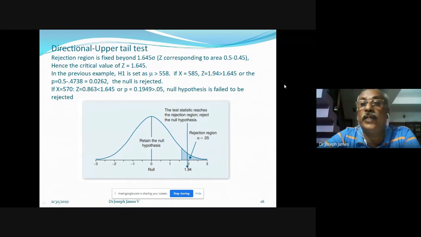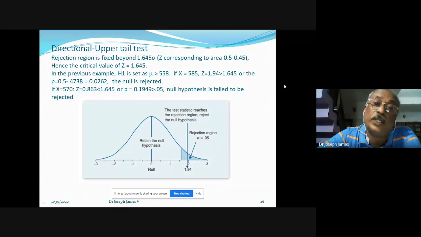And the critical value is 1.645. And if the alternative hypothesis is set as mu is greater than 558, 558 is our mu.